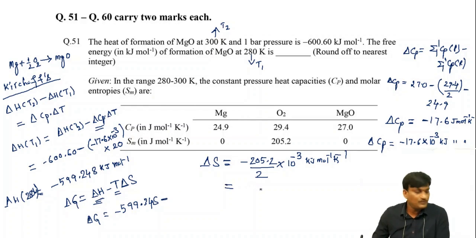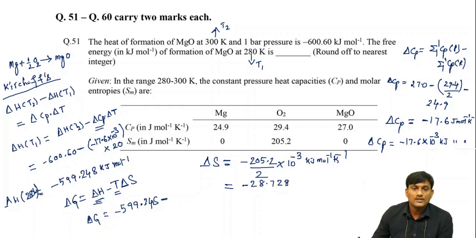You will get around 28.728 when you multiply with temperature. So the minus T delta S term will be minus of minus 28.728.